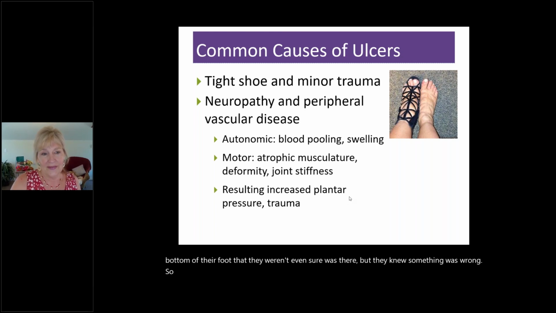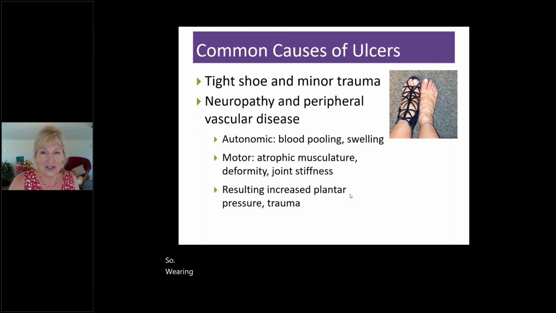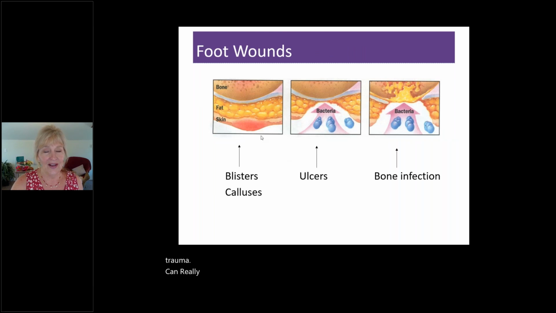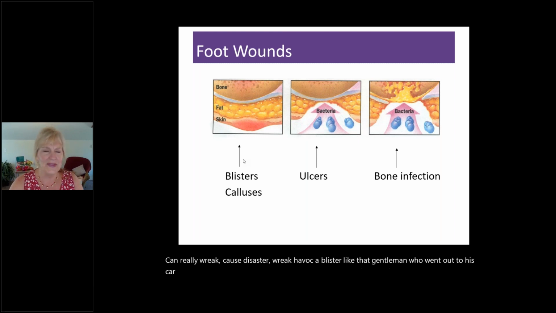So wearing shoes indoors and outdoors is one of the biggest ways to protect feet. Minor trauma can really cause disaster, wreak havoc. A blister, like that gentleman who went out to his car just to grab something, the pavement was very hot.